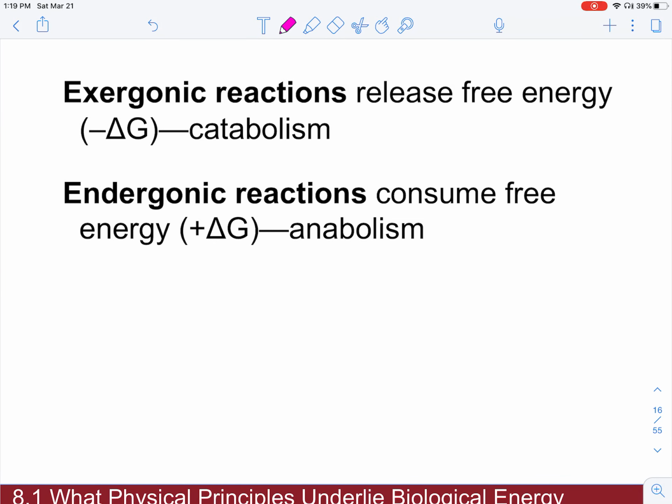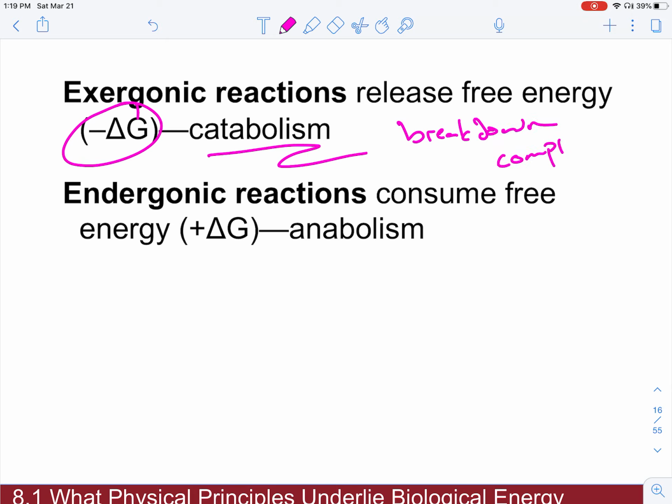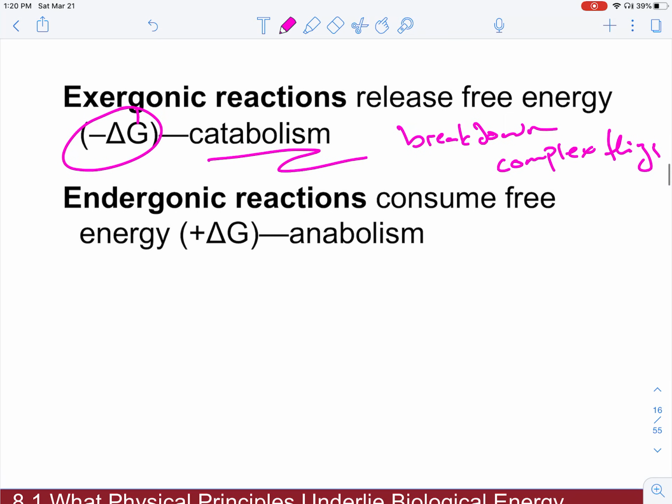Okay, so we call exergonic reactions that have a negative delta G catabolic reactions. They break down complex things. And endergonic reactions have a positive delta G. They're anabolic reactions and they build up simple things.